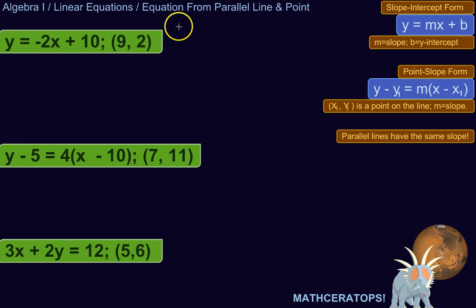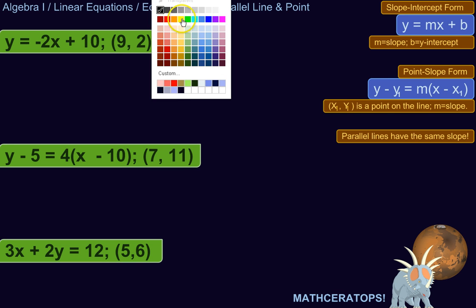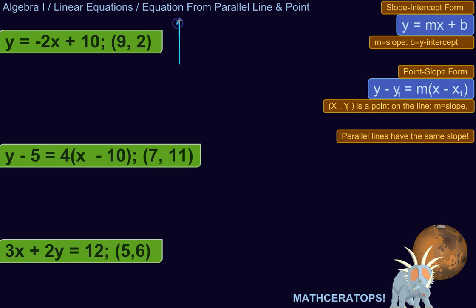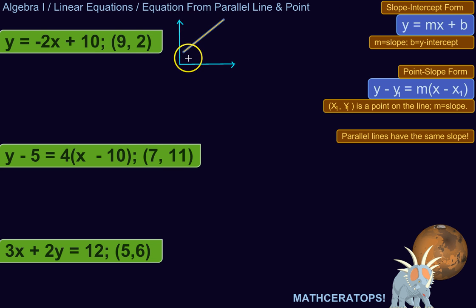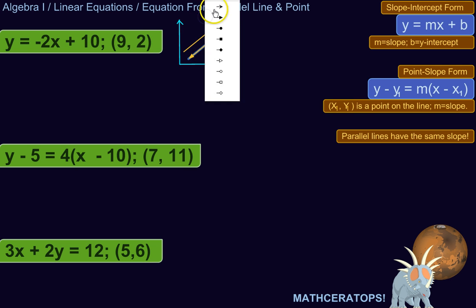Parallel lines. Say we've got our coordinate plane here. I'll just show the first quadrant. I've got two lines. I'll put arrows on these, they're lines.